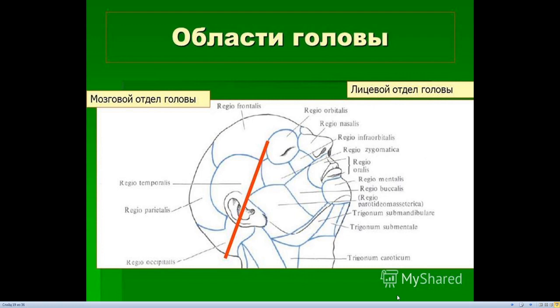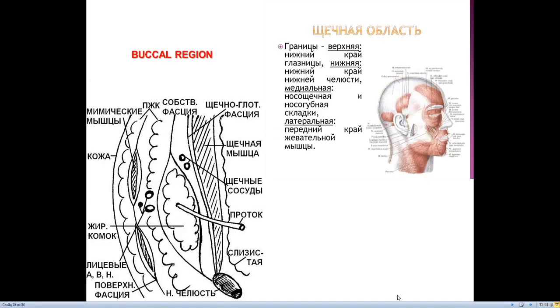Buccal region is bounded superiorly by the inferior margin of the orbit. Inferiorly, it's the inferior margin of the bone of the mandible.